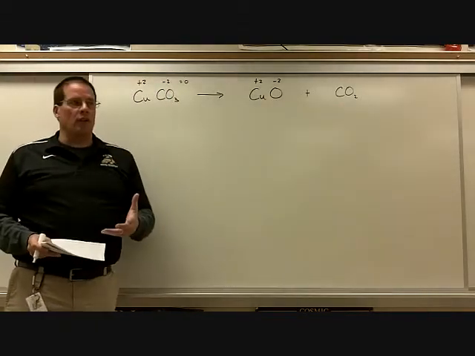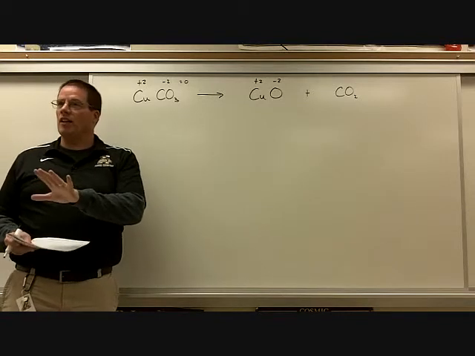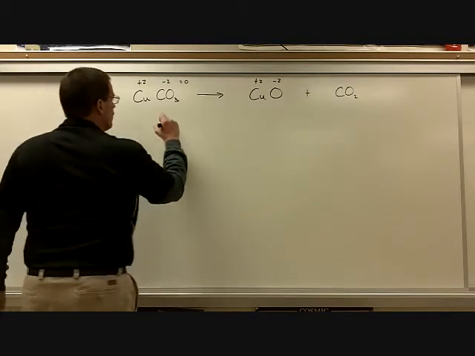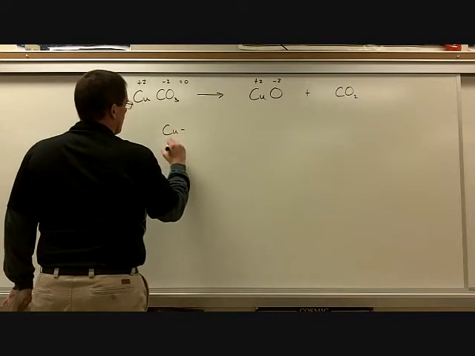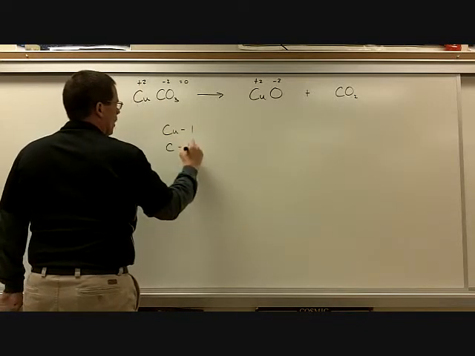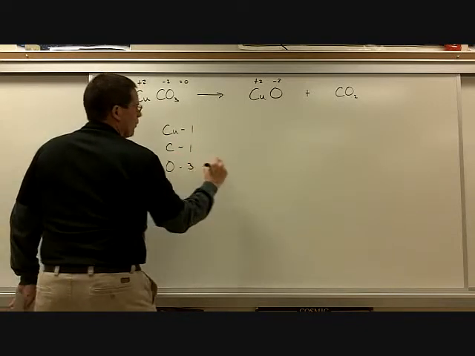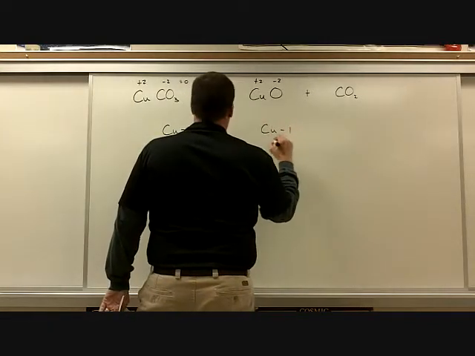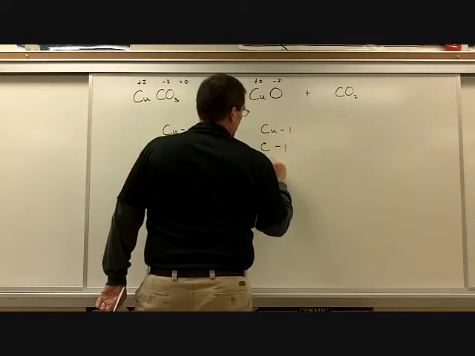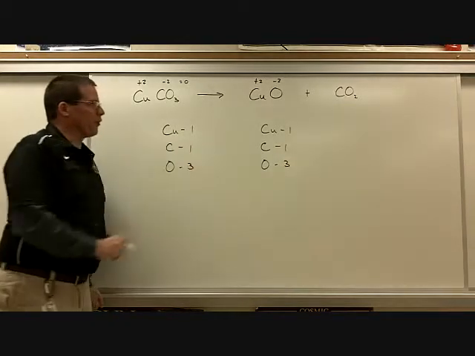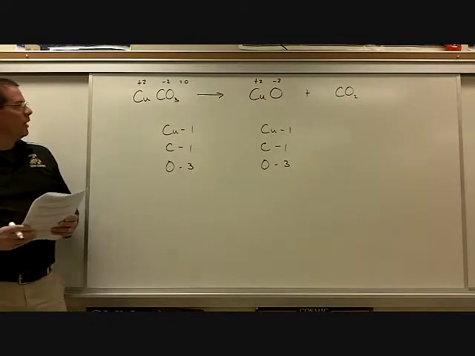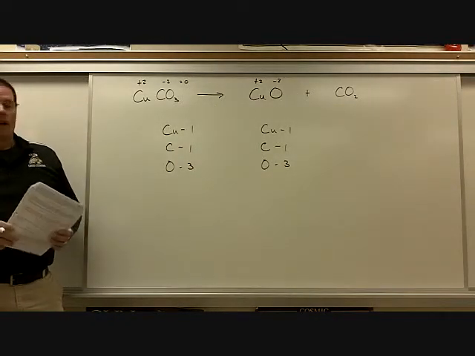And again, you'll get to that point. But if you can't see it yet, then do the inventory method. So I've got 1 there, 1 carbon. Oxygen 3. Oh, I get it. So when those are the same, it's balanced. So in this case, it's balanced as written.